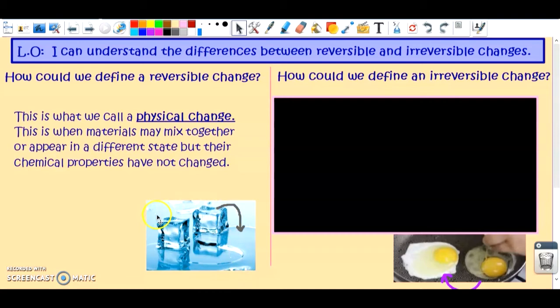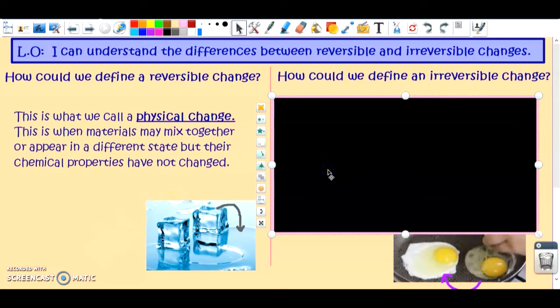We talked about that a moment ago a little bit with the ice. The state has changed from being ice to being water. Then the idea of materials mixing, the water and the salt in the cup. But actually the chemical properties, the actual physical properties of the objects has not changed, and therefore it can be reversed, it can be taken back.